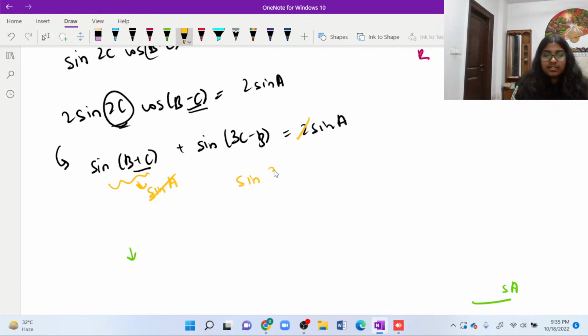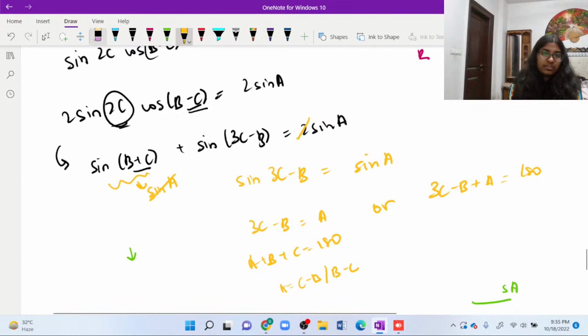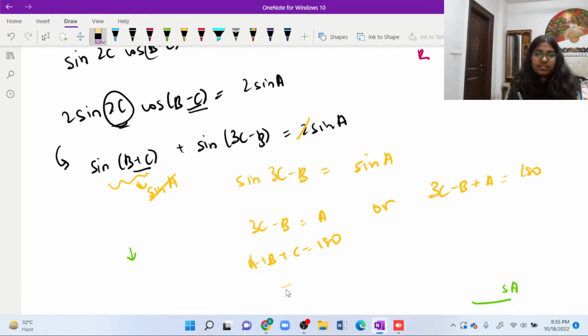So sine(3C minus B) equals sine A, so 3C minus B equals A, or 3C minus B plus A equals 180. If 3C minus B equals A, and we know that A plus B plus C equals 180, and we also know that A equals C minus B or B minus C. It can't be C minus B because then angle C equals 0, so it's none.